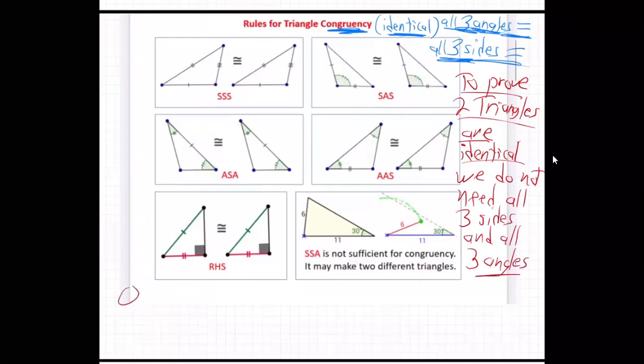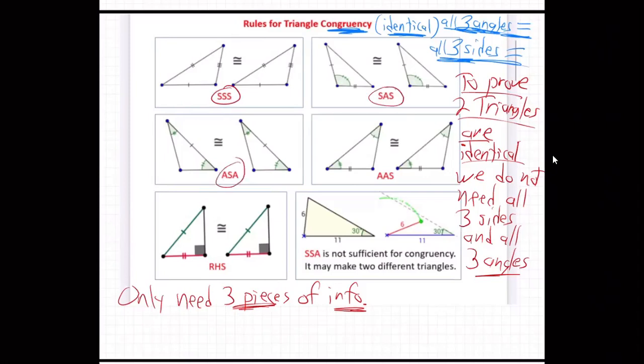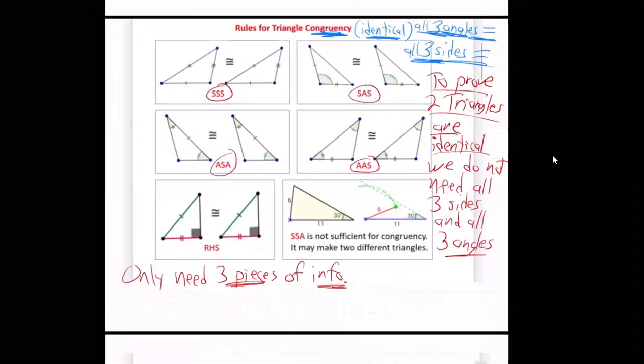We only need 3 pieces of information. That's all we need. Like right here, side, side, side, or angle, side, angle. I'll talk about those bottom 2 in a second. That's all we need, 3 pieces of information.